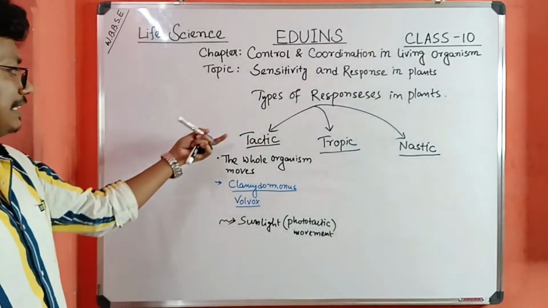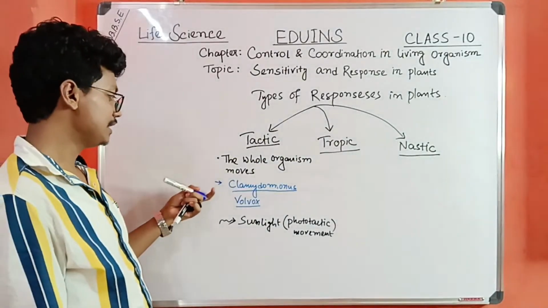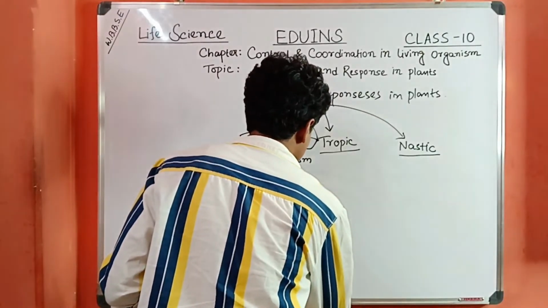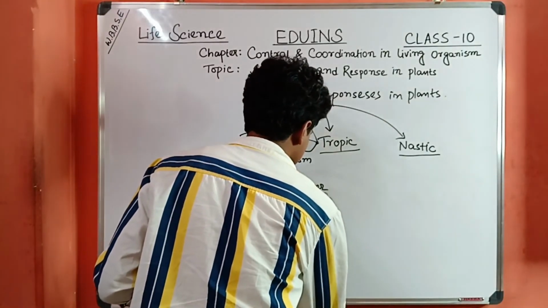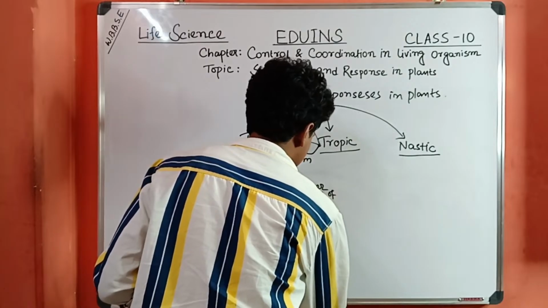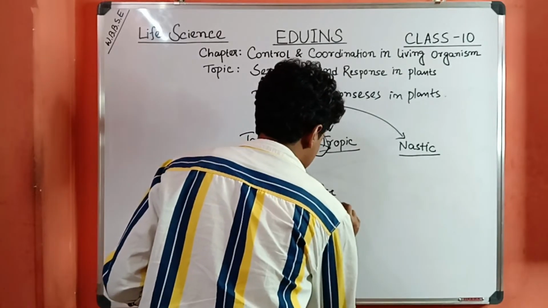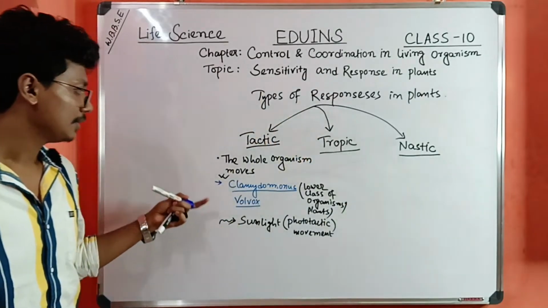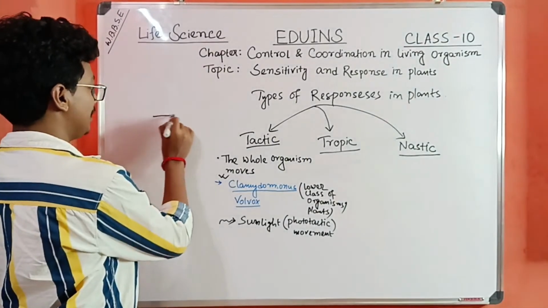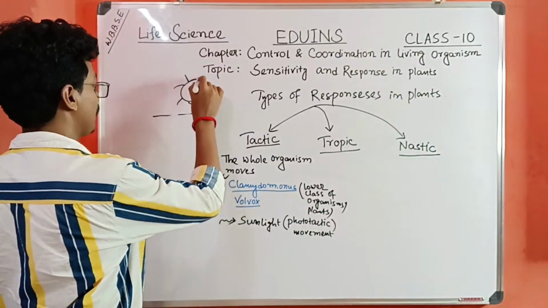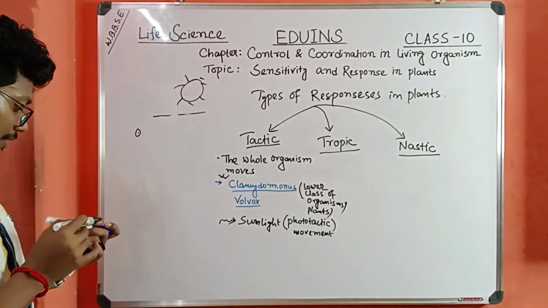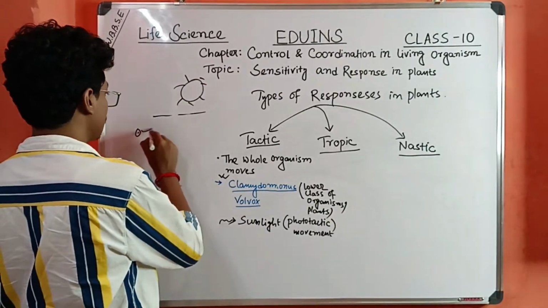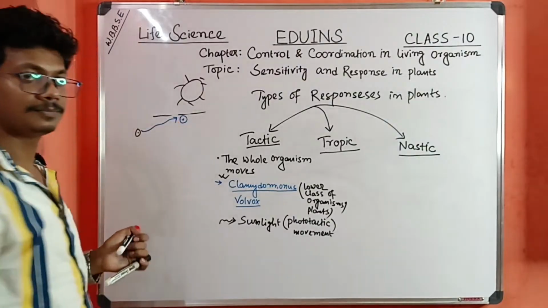In tactic movement, the whole organism moves. This occurs in the lower class of organisms or plants. So if there is sunlight here and these organisms are present here, they will move toward the sunlight and go to the surface of the water.